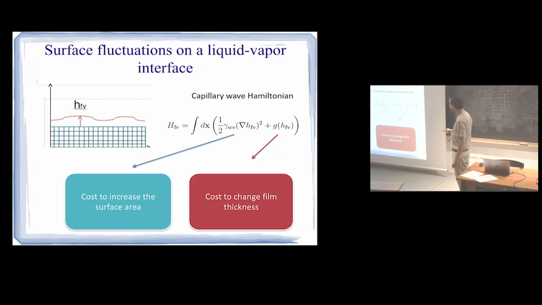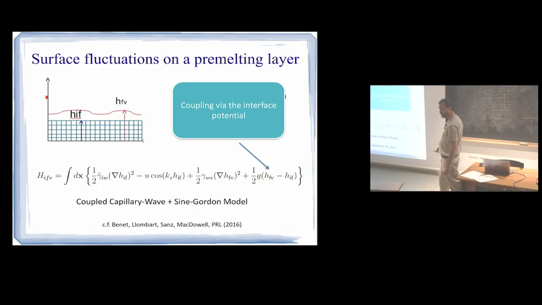But thermal energy is going to say, let's try fluctuations. And the fluctuations will be penalized by the amount of increase of the surface area. So again, I have this kinetic energy term, which accounts for the increase of the surface when the surface curves. Okay? It's a well-known Hamiltonian. And what I need to do is just to add them both up. So I want to describe my solid with a pre-melting film, and that is done by just summing both Hamiltonians.